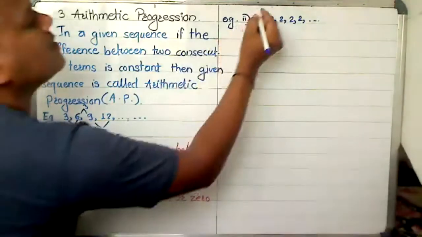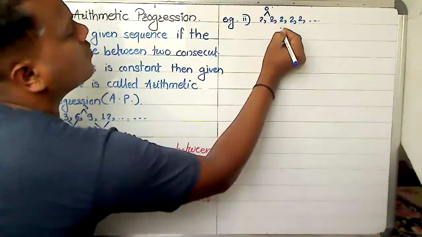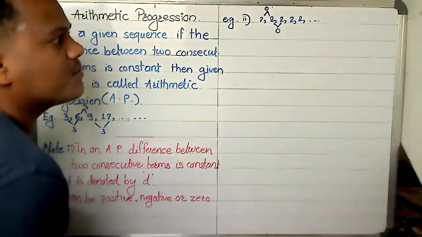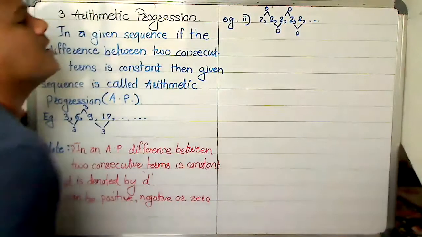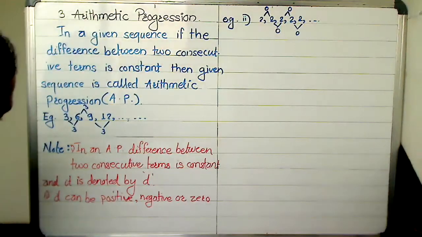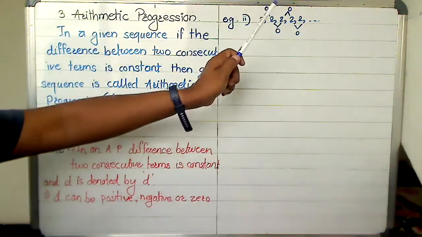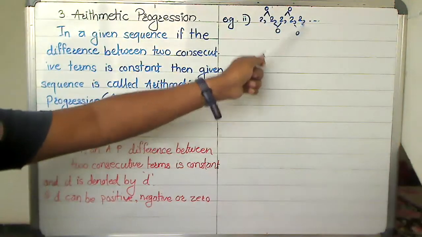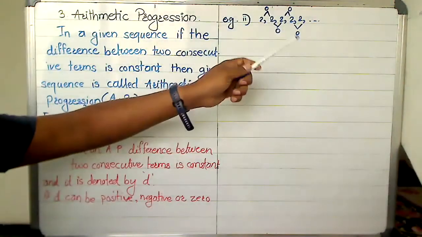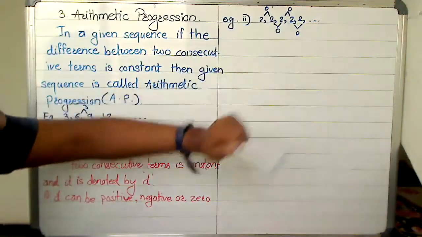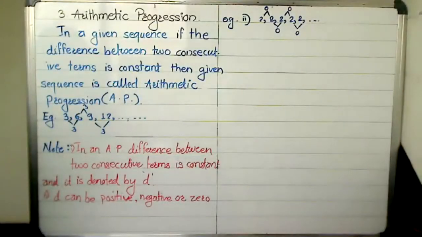The difference between each pair of consecutive numbers is 0, which is constant everywhere.